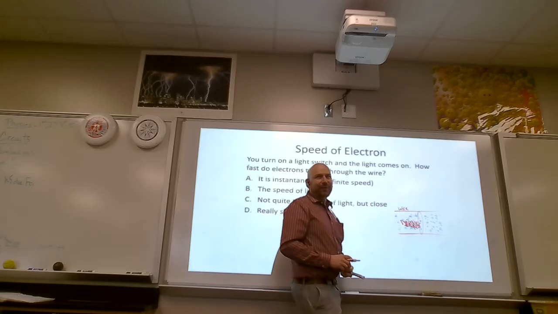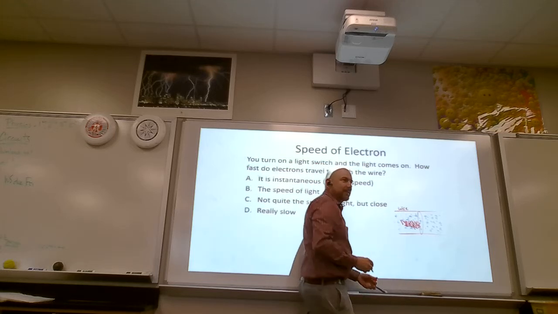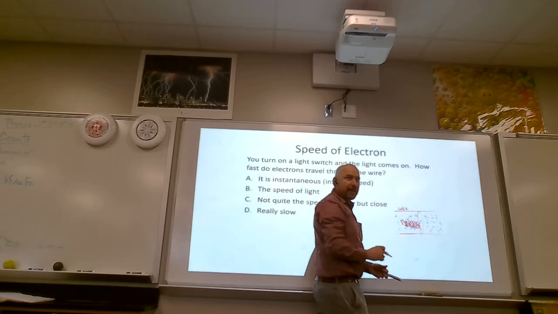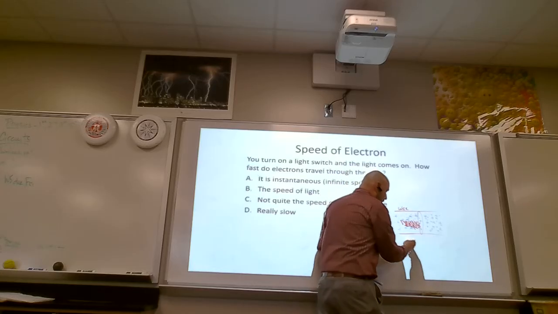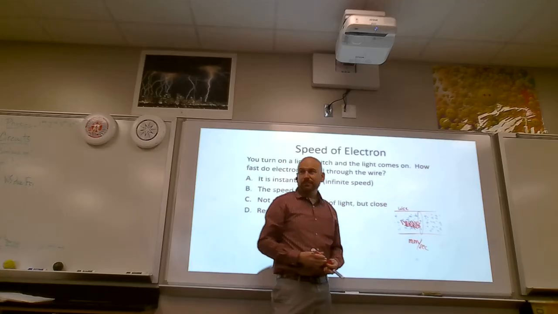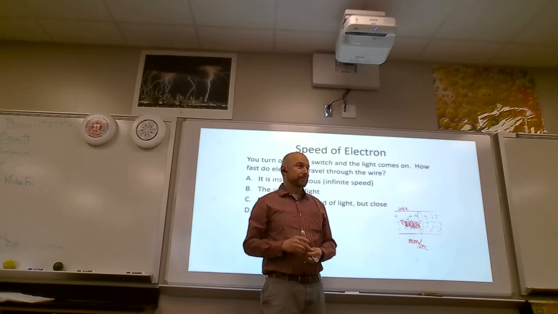It's a violent life. They go really fast between collisions, but how quickly they go this way is called electron drift, and that's somewhere on the order of millimeters per second. Pretty slow. Good with that?